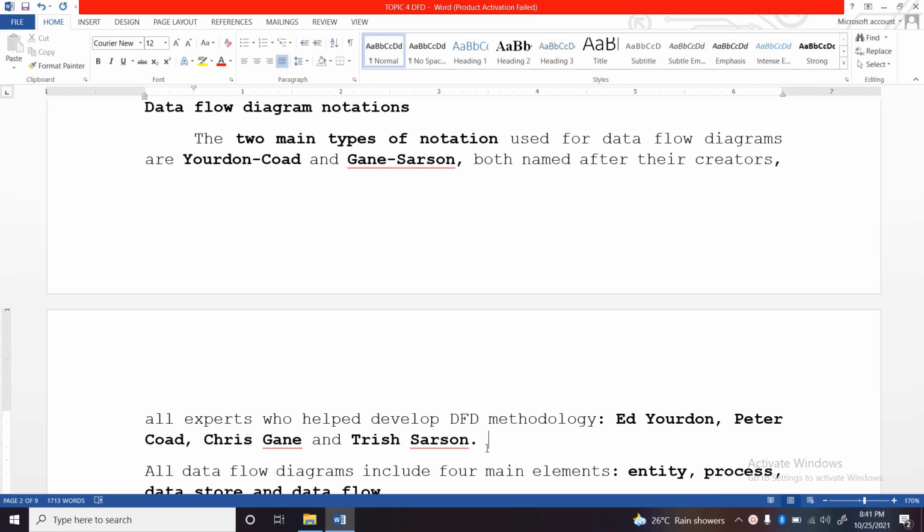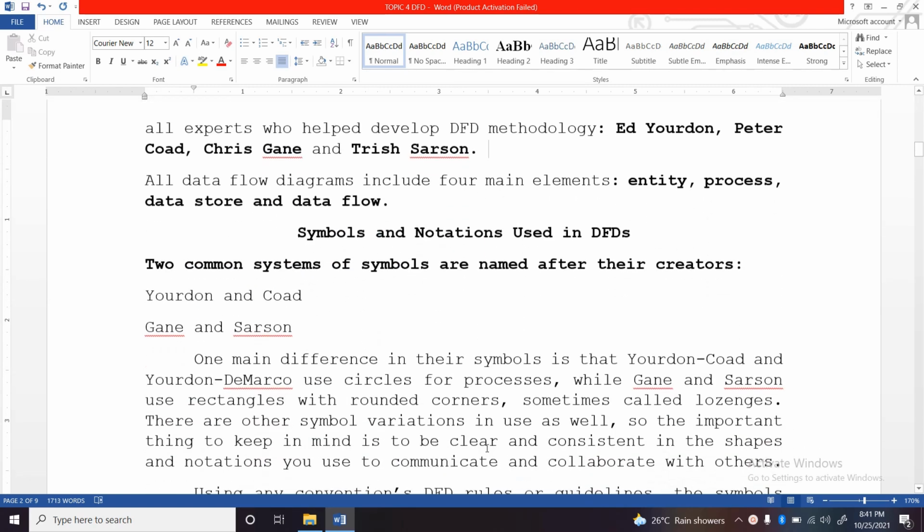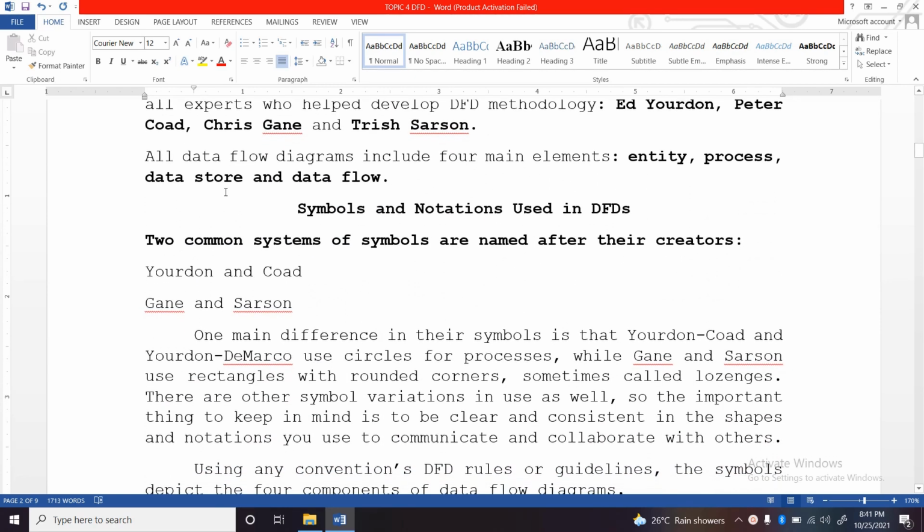Let us see later on what the differences of these two types of notations are. Basically, all data flow diagrams include the following four main elements: the entity, process, data store, and data flow, which I will be discussing one by one later on. But let us focus first on the symbols and notations used in DFD.